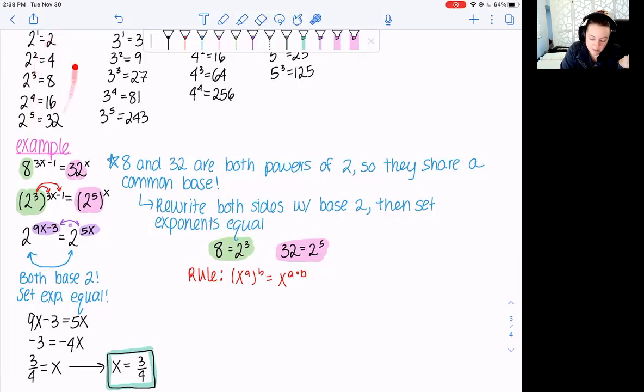And they are in the same common base family right here. 8 and 32 are. So the answer was yes. So we rewrote 8 and 32 as powers of 2. Then we simplified their exponents using this exponent rule. Then we set the exponents equal to one another and solved like we solve any linear equation.